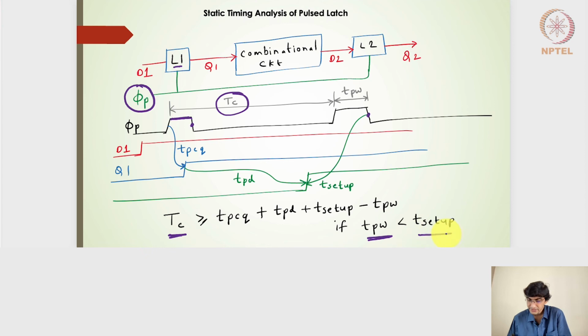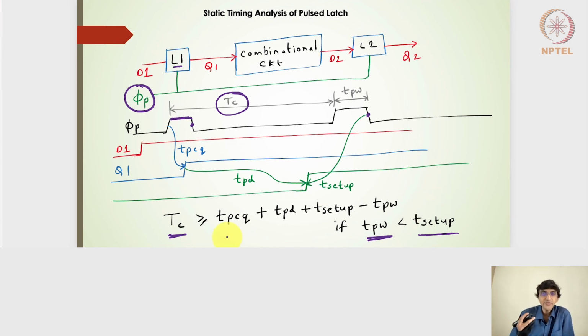Here the thing is, we have used TPW to be smaller than the T setup time. This TPW, the pulse width duration, is 167 picoseconds, and T setup time is much higher than that. So in that case, this particular expression is valid.